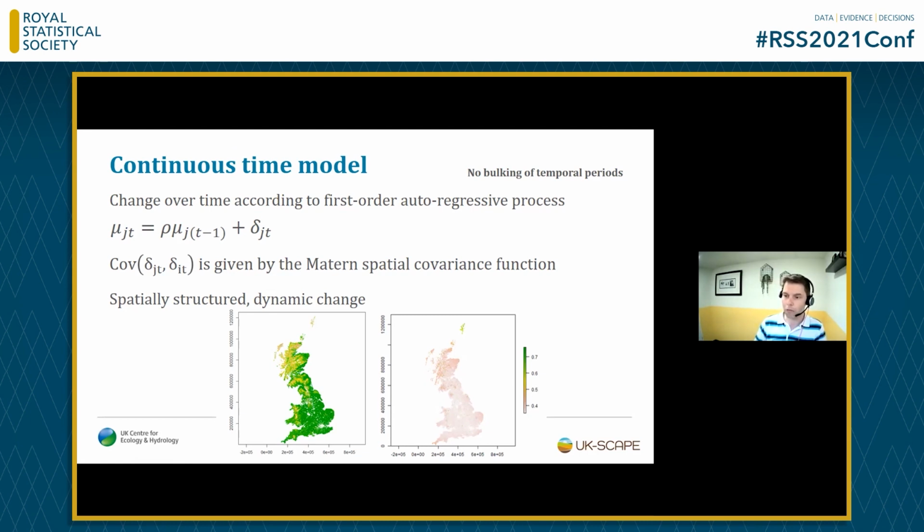And although we've been able to fit this approach, assuming a first order autoregressive process, given the data we have over time, we're a bit dubious about the results. So we're pausing that slightly now and undertaking a simulation study to understand the effects of doing this, and when that might be advantageous and when not.